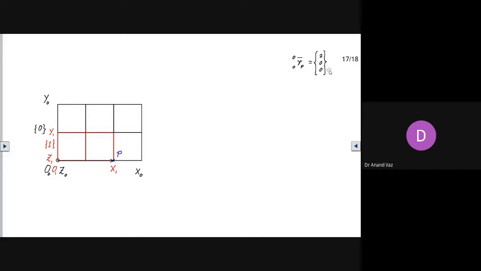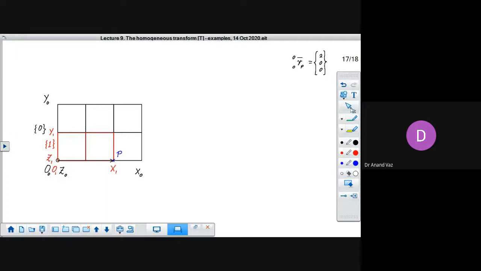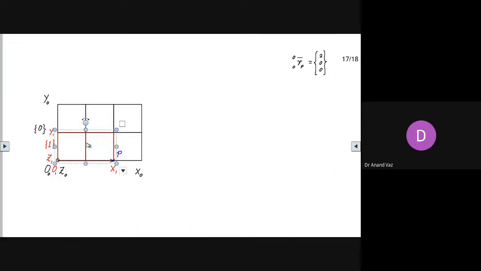Yes. Now suppose we operate a homogeneous transform on this, which is just, let's say, equivalent to just shifting the frame. So if we take this transform, we consider it as if this frame is shifted.